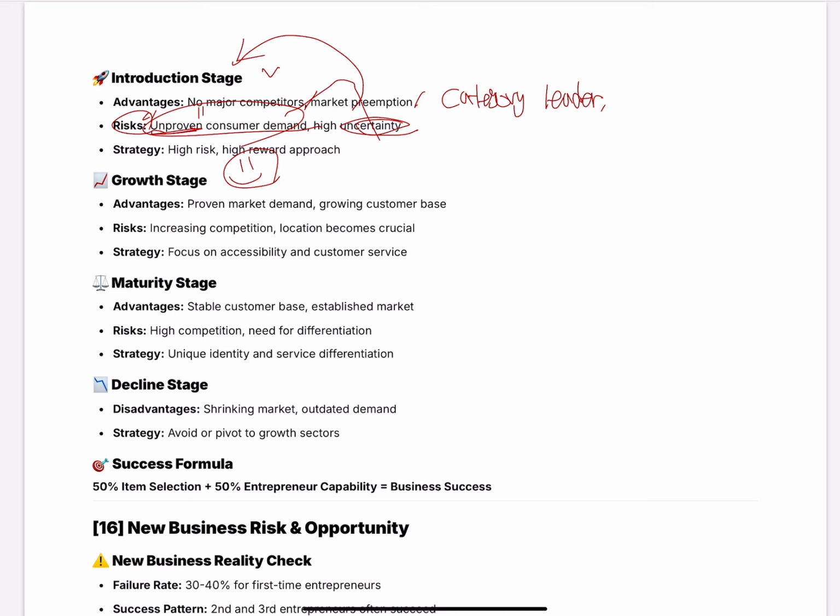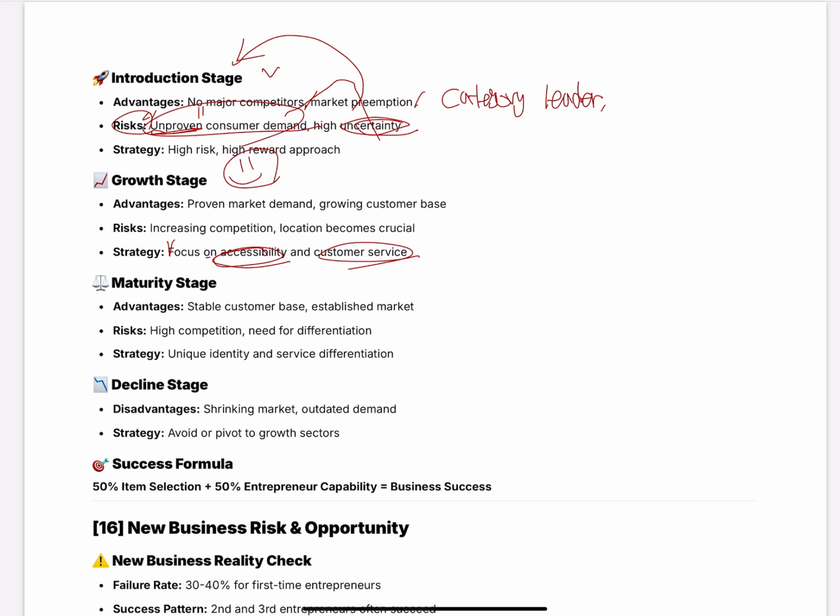So location and accessibility become crucial in this stage because customers have choices. Your strategy should focus on superior customer service and convenient access. So accessibility and customer service are much more important.